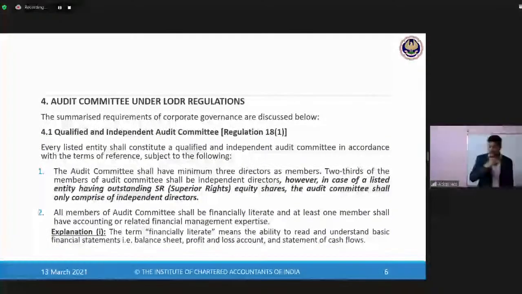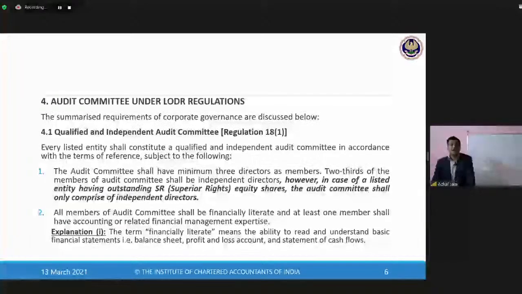Moving further, let's understand the requirements related to the audit committee. Means what all things are required in respect of the audit committee. So we are not talking about the applicability of the audit committee. We are saying the audit committee is in place. Now, what is required on the part of that audit committee as per the LODR regulations?